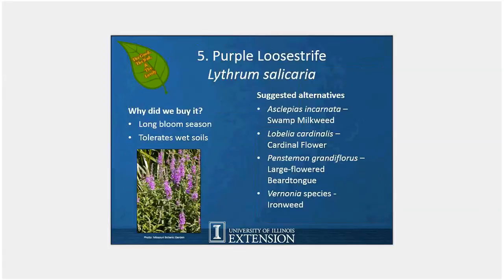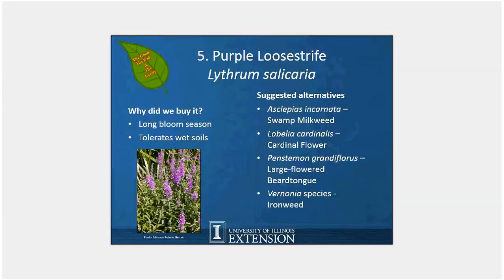The next plant is purple loosestrife, and I hope the majority of you have become familiar with this and do realize it has escaped into especially wetlands and is really a problem in states such as Wisconsin and Minnesota, where they have a lot of lakes and water areas. It had a nice long bloom season. It tolerated wet soils, but then it started to take off.